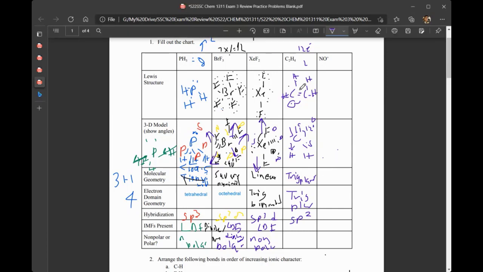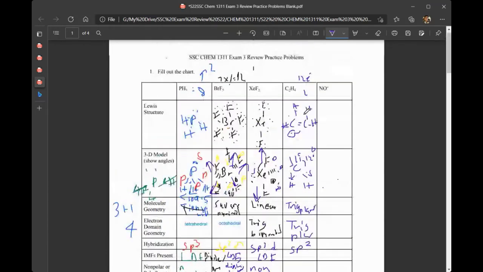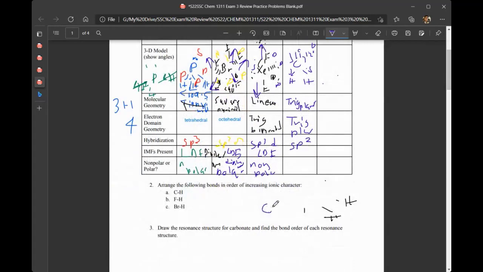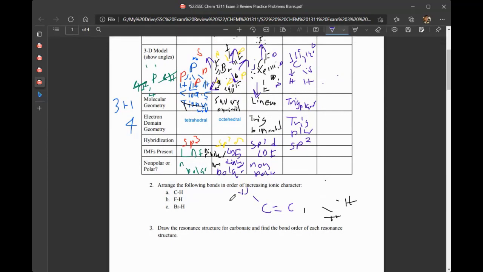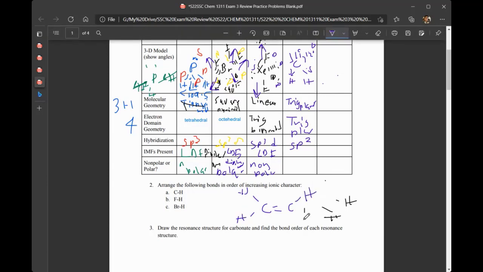So for this one, to determine the polarity, you have to look at it as an overall picture. So going back, let's draw the picture right here, right? H, right?